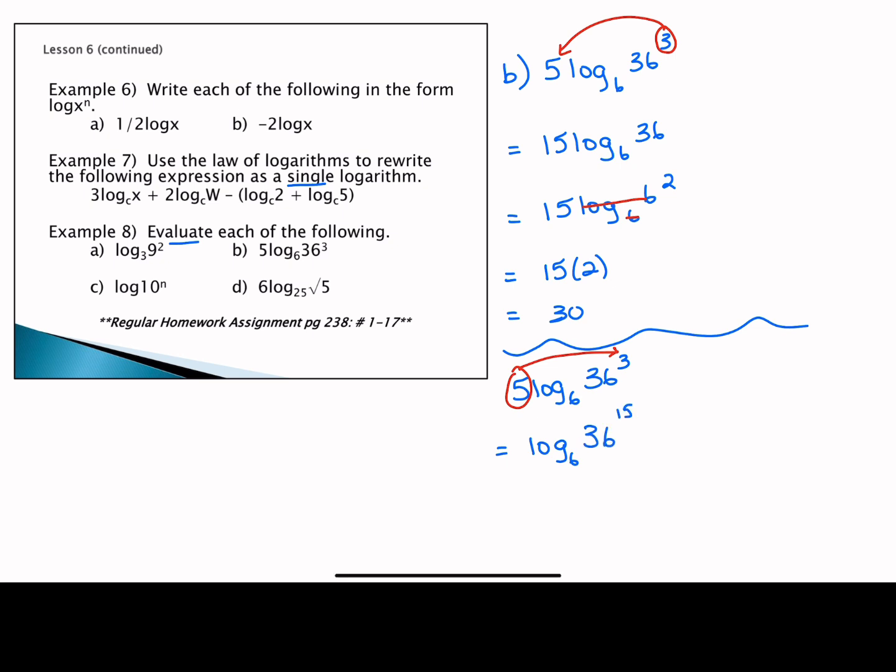Now we're almost ready to use that simplifying trick. We just have to make 36 a base 6 number. So we've got log base 6 of 6 squared. Again, that's still raised to the power of 15. So we know power of a power means we multiply those things. So we've got log base 6 of 6 to the power of 30. And once again, the base of the log matches the base behind it. So we can ignore those things and know that our final answer in this case is 30.